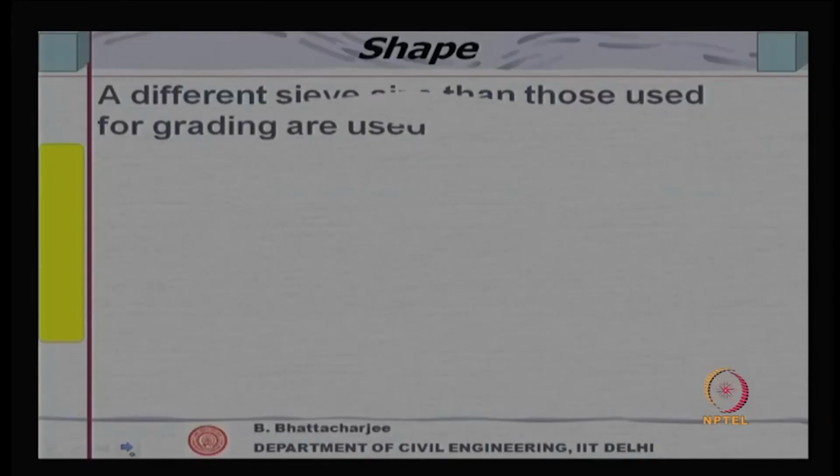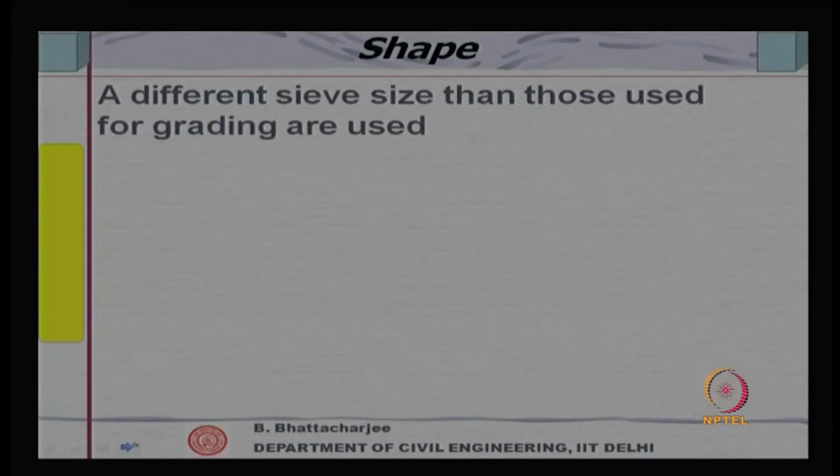Flaky is if its thickness is smaller than 0.6 of the sieve size. You measure the smallest dimension, that should not be less than 0.6 of the sieve size through which it has passed. So, that is what is flaky, and the code restricts their use.